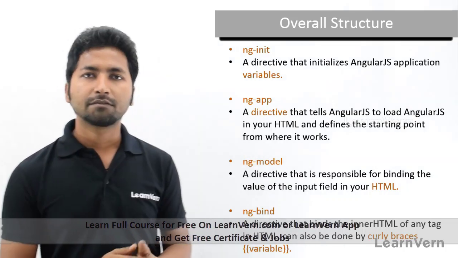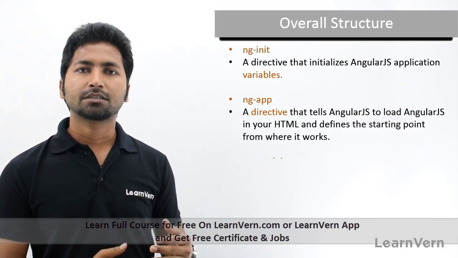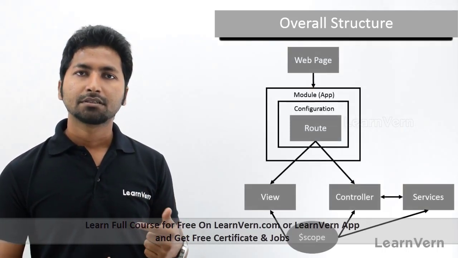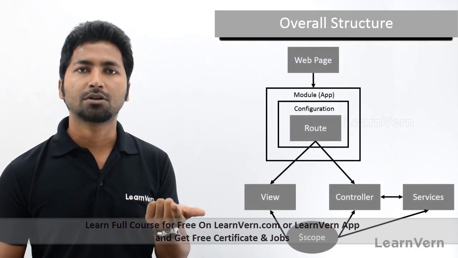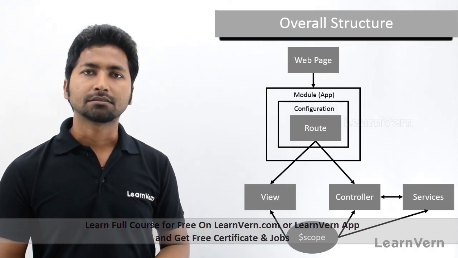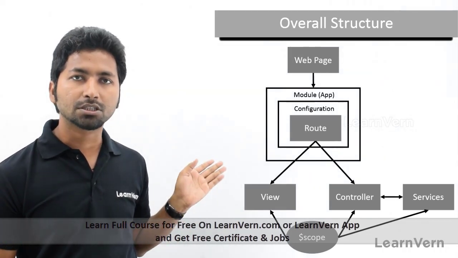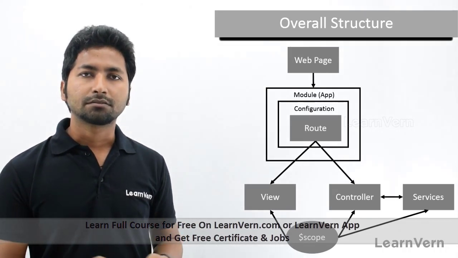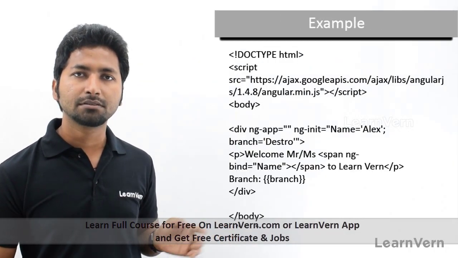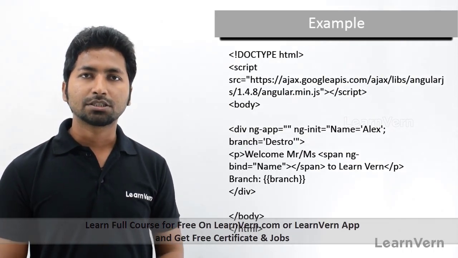So in this way when you run a program of AngularJS, it executes in this way. First it finds ng-app, then it finds ng-model, then ng-bind, and then it runs. So in this way we can see the overall structure, and it works accordingly. Here this is an example. So this is a basic knowledge of AngularJS.